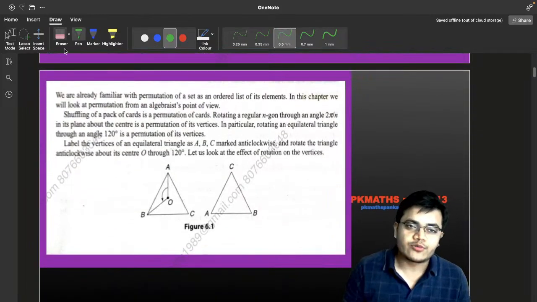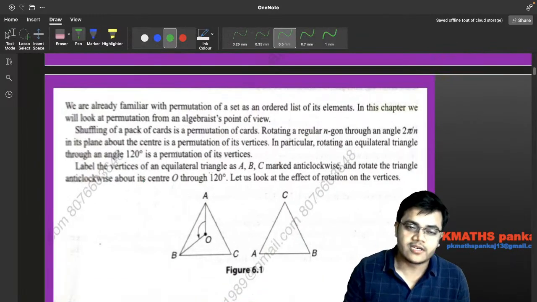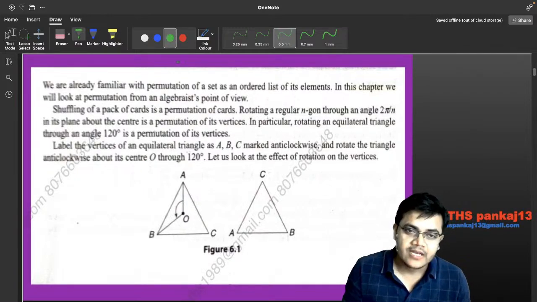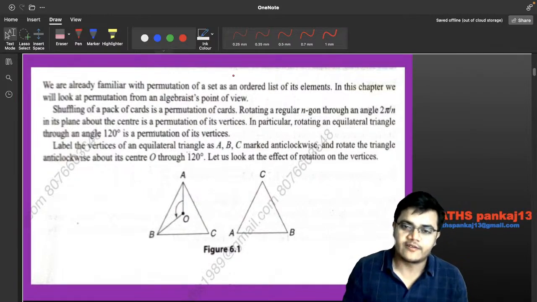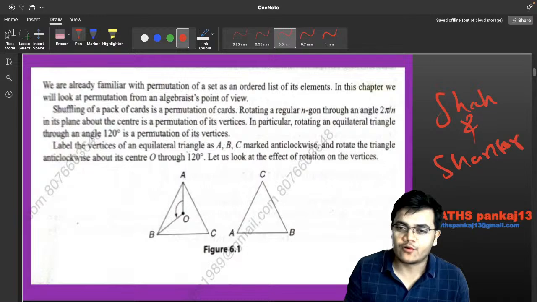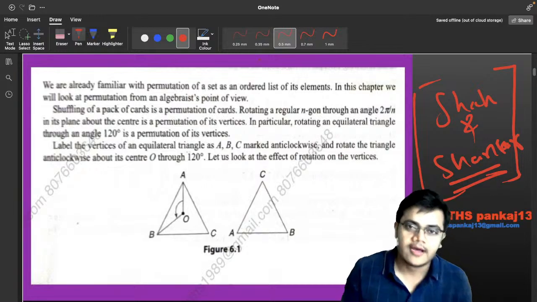I would also like to say which book is going to be followed in this course. Certainly some of the concepts have been taken from the book by Shah and Shankar, an Indian writer's book for group theory. You can follow this book. It will certainly help you a lot.